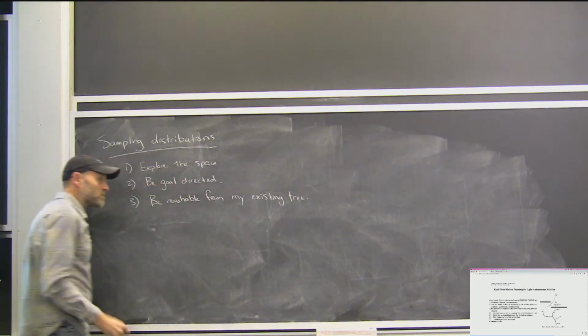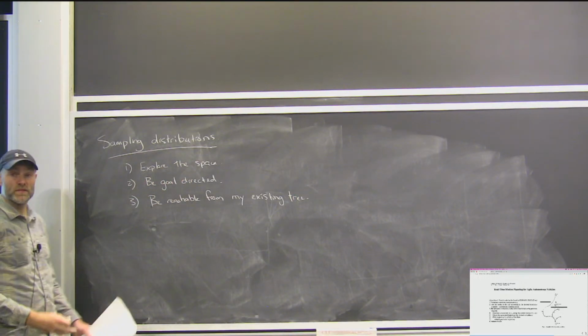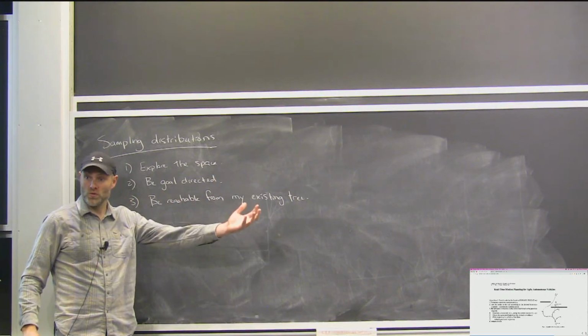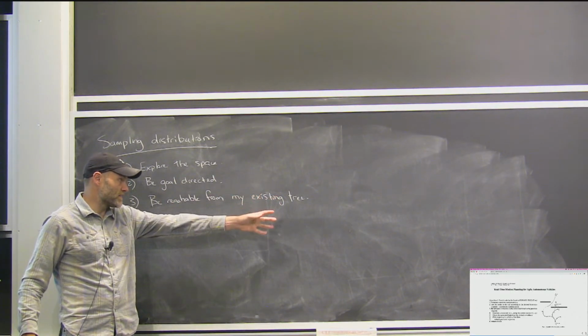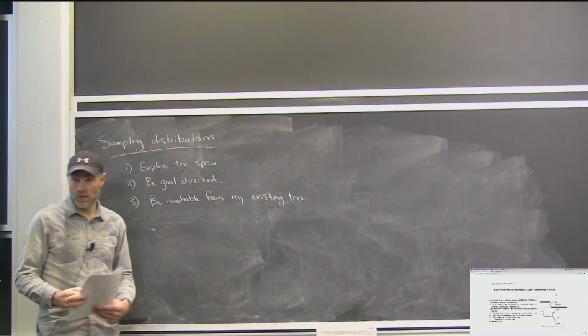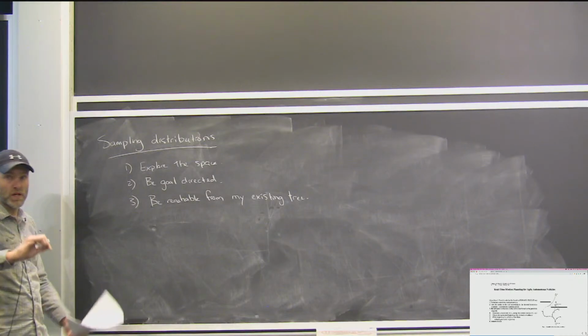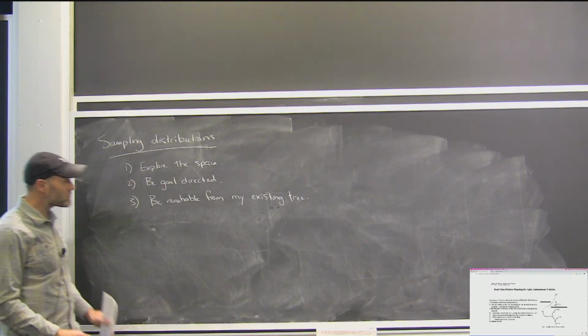We have seen empirically, and I think it makes sense intuitively, that drawing samples from the local reachable set of the existing tree can be a much stronger way to grow these trees effectively. With many fewer samples, you can get much better coverage.